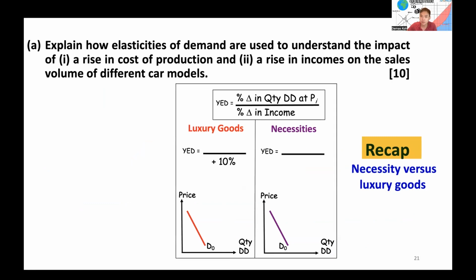So numerically, for example, if there were a 10% increase in consumer incomes, that's the denominator, and a more than 10% increase in the demand for that particular good, then clearly YED is greater than 1, and that would be a very significant shift in the demand curve rightwards.